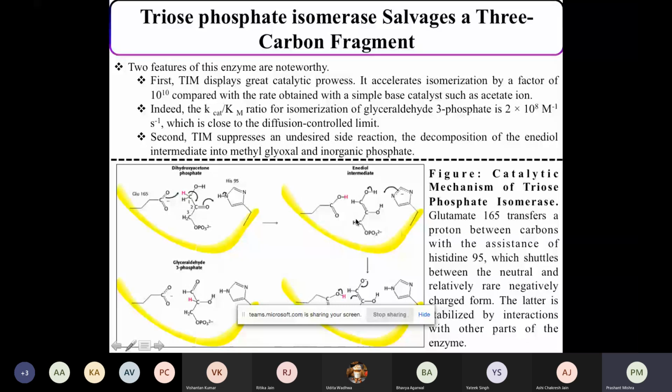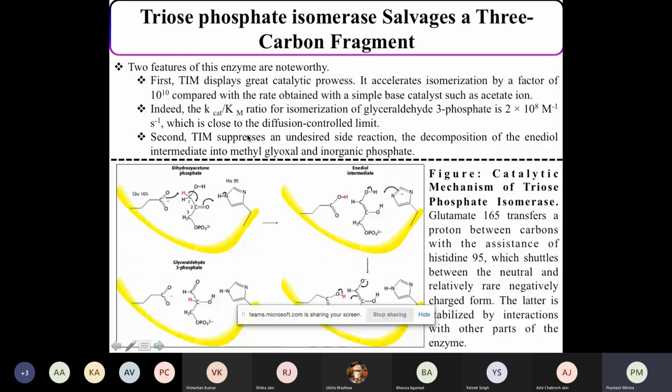Another very interesting concept you should learn is that these reactions occur inside the crevices or cleavages present in the active site, which avoid the presence of water, and that's why the interaction can be much better than it would be in a water medium.